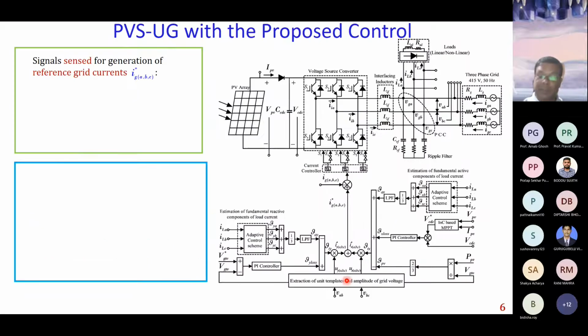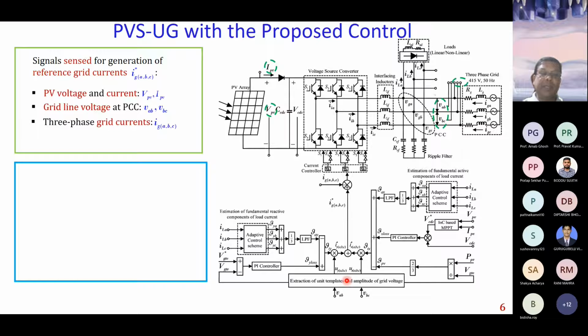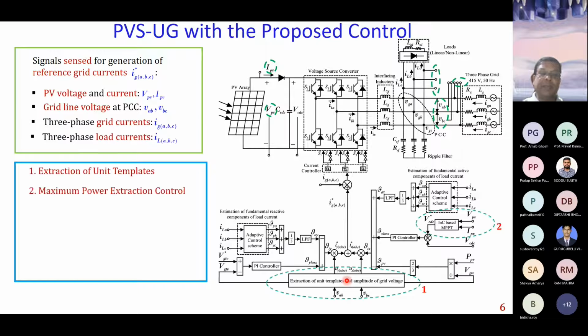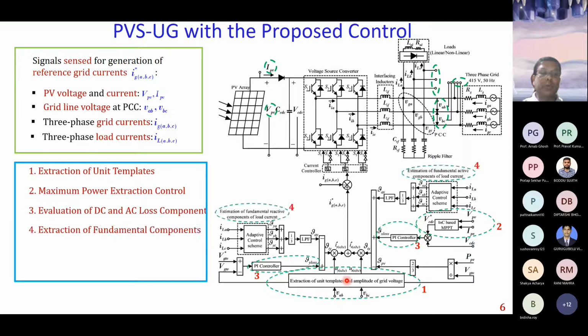So this is the proposed control scheme, where the objective is to have all these five functions. Basically, you want to connect the PV system to the utility grid by several approaches.